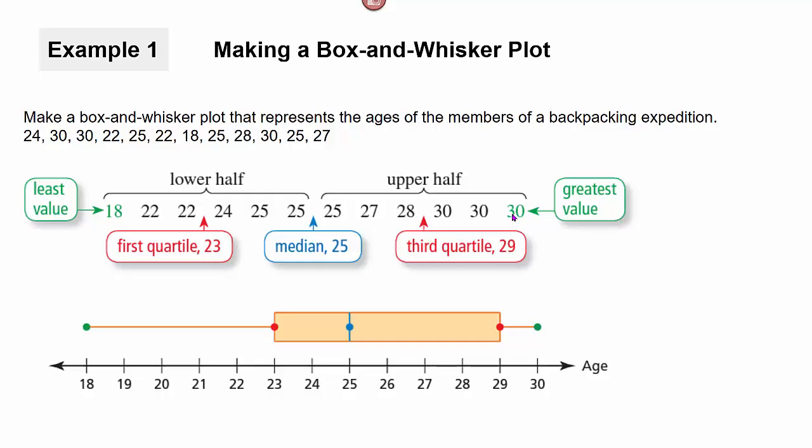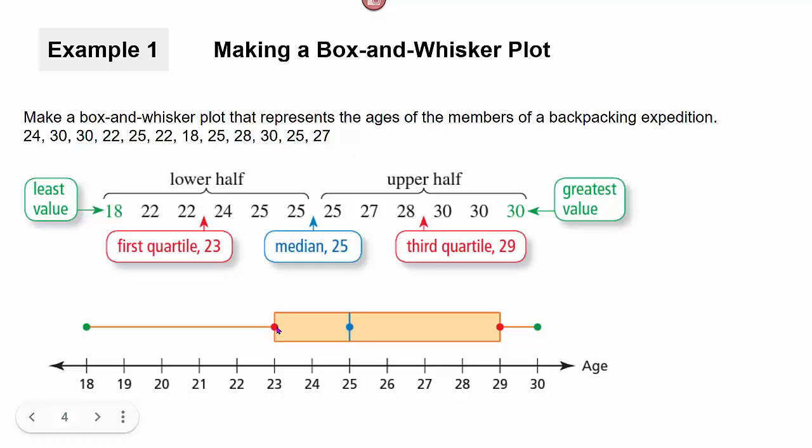I want you to see how things are balancing out because it splits it into four equal parts. So here's my lower half. I take the median of the lower half and the median of the upper half. My third quartile, the median of that data, is 29. You see a point there, and the median of the lower data is 23. You see a point there.